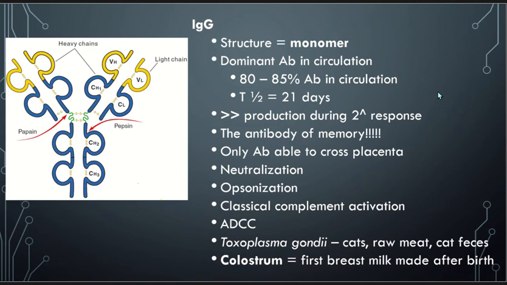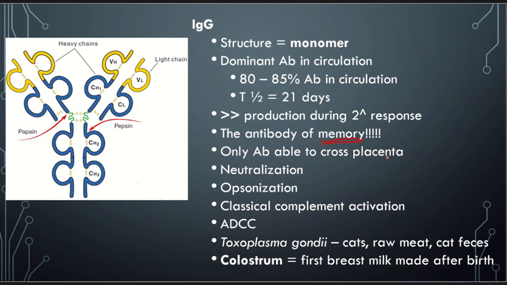And eventually it's going to circulate, but it will exit the blood vessels to enter tissues. It has the longest half-life of all the classes. It's the primary one during the secondary response, which is why that makes it the antibody of memory.